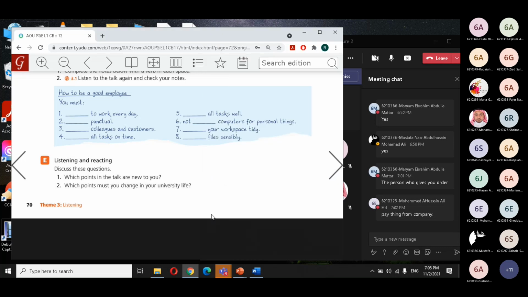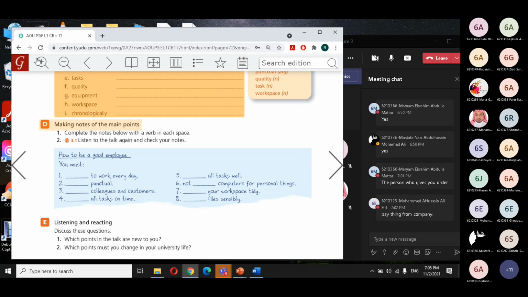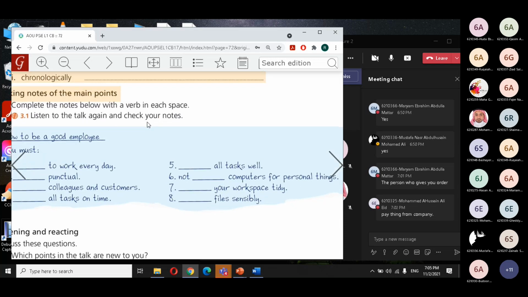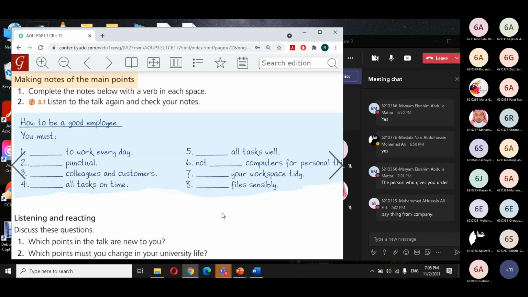If you look at this, these are 1, 2, 3, 4 until 8. These are the 8 pieces of advice, the 8 sentences describing the 8 pictures.